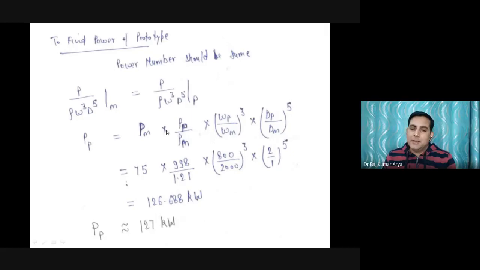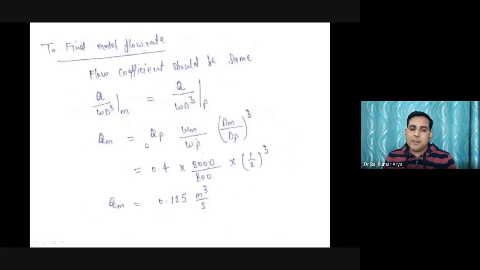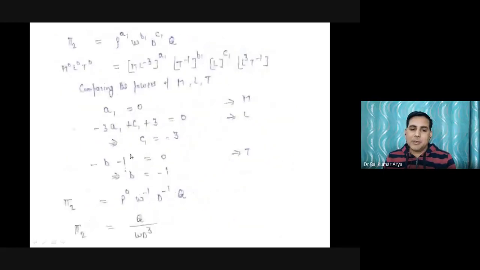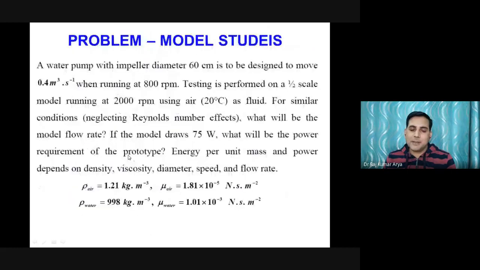In this problem, in case of a pump, you can also include energy per unit mass, which is practically developed by the pump only, correct or not? Energy per unit weight is called the head of the pump, HP, correct? Yes, sir.